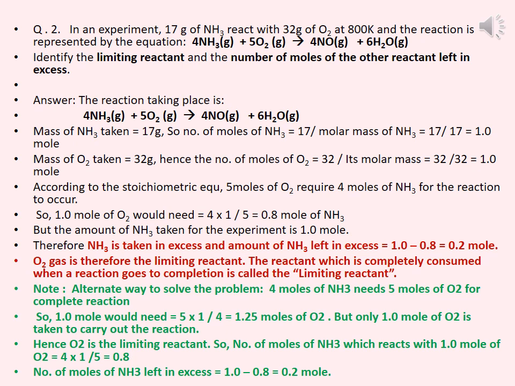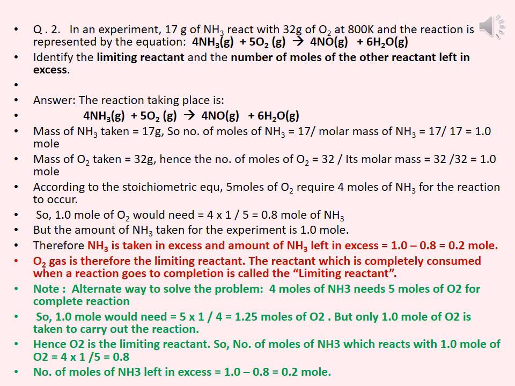But in the experiment, the number of moles of ammonia taken is 1. We need only 0.8, but 1 mole of ammonia gas is taken. Therefore, it is very clear that ammonia gas is taken in excess.